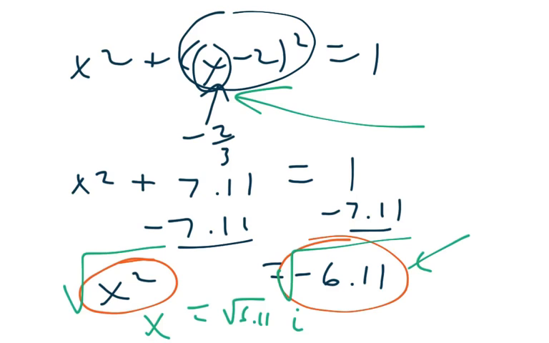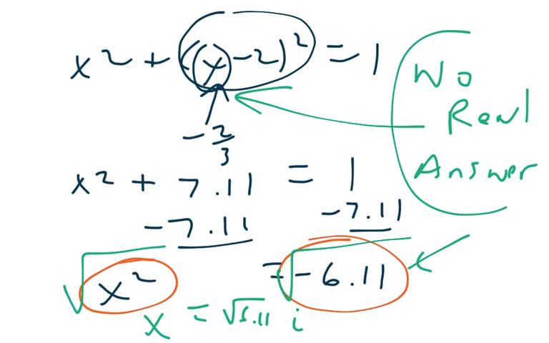It came out to be a complex, imaginary number, right? So, long story short, we have no real answer, no real solution. There is no solution. In other words, no real solution here.